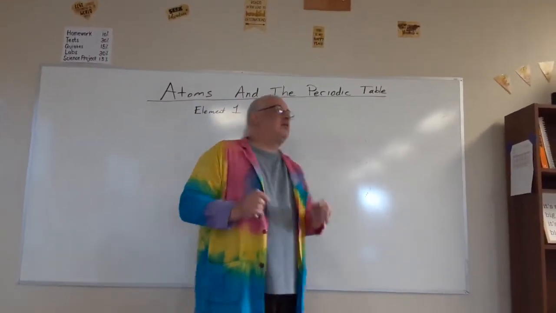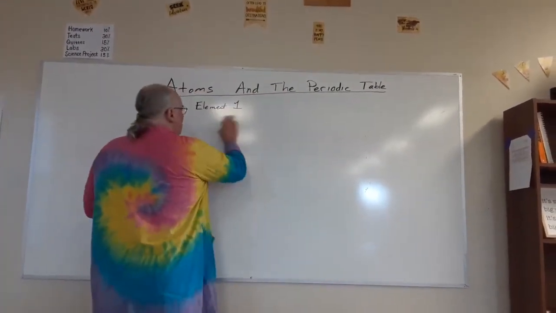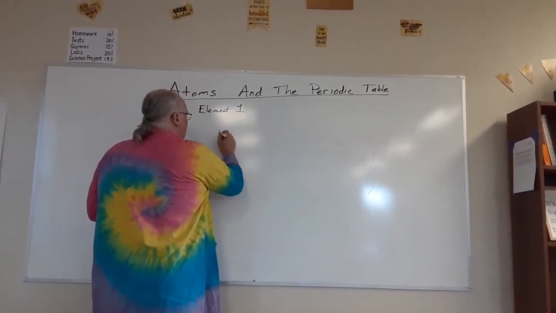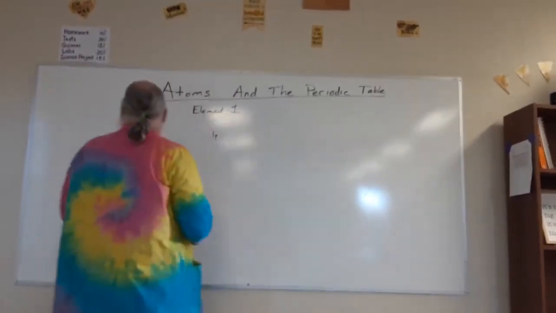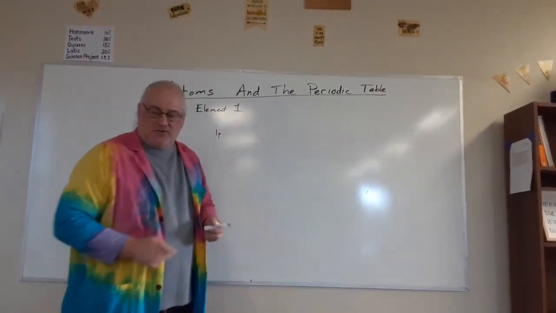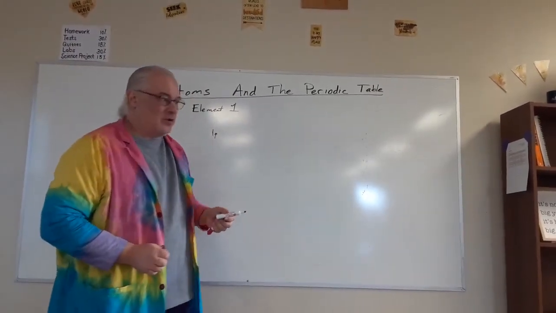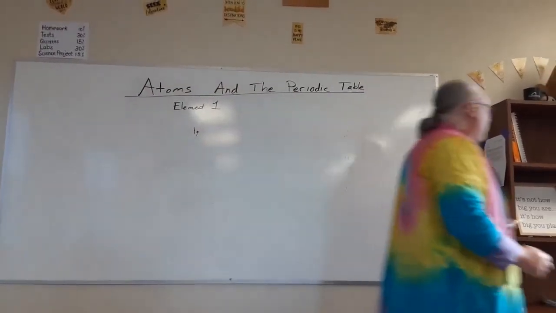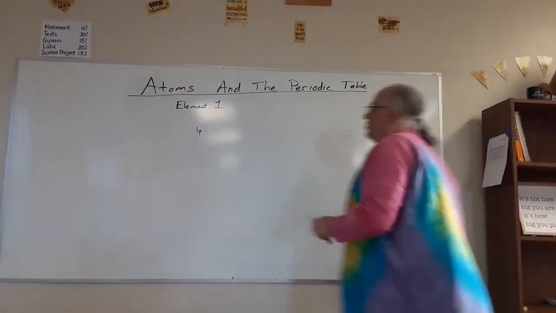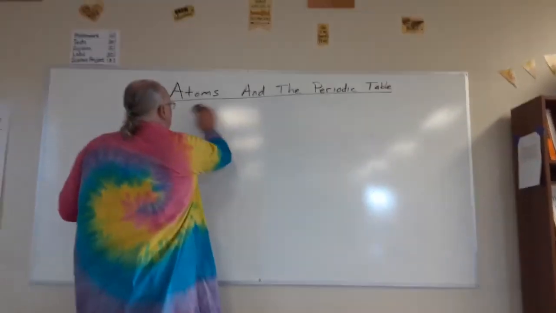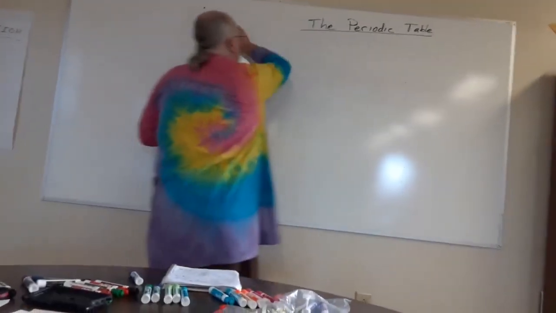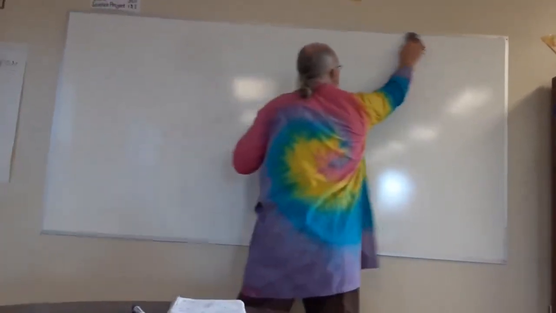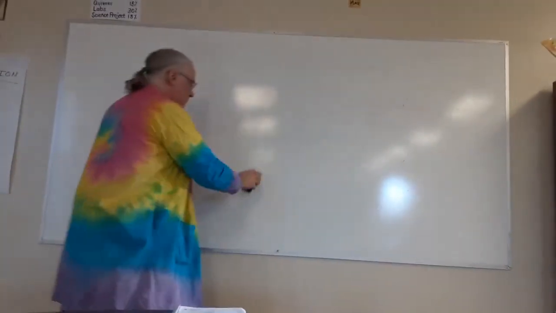In the very middle of a hydrogen atom, there is one proton in its nucleus. Since I'm going to be doing several of these and we're going to want to compare them side by side, I'm going to start all the way over here on the left side of the board. There we go.